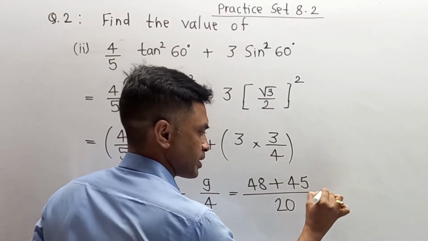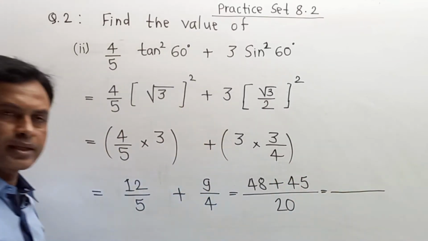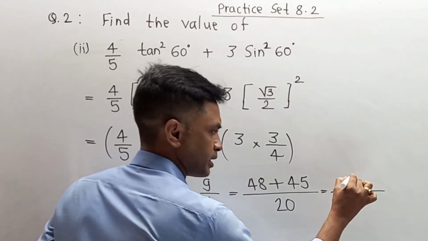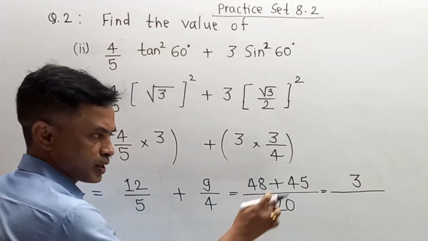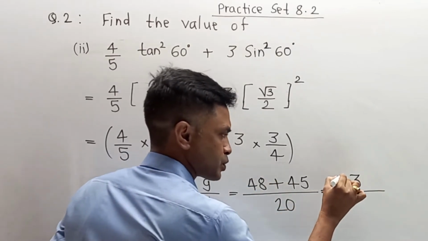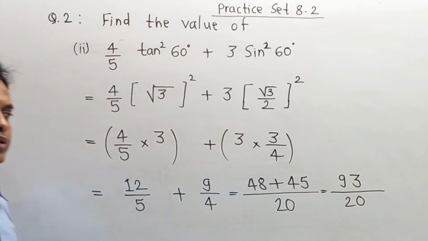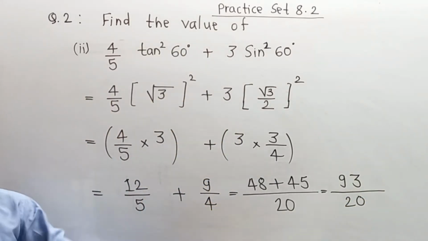Now the next simplification: 48 plus 45 is 93, so 93 upon 20. And so our second answer is 93 upon 20.